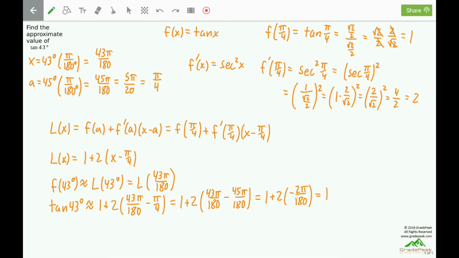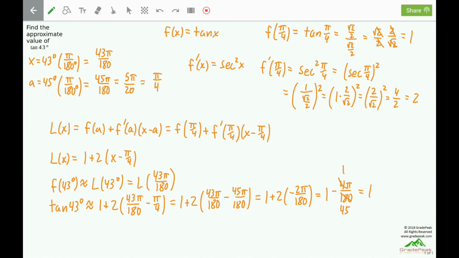This is now equal to 1, and this 2 can multiply with the numerator. Positive 2 times a negative 2 pi will be a negative 4 pi over 180. And the 180 and the 4 are both divisible by a 4. So they can reduce. This will become a 1, and this will become a 45.